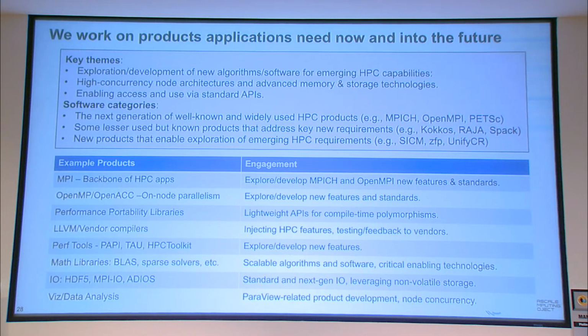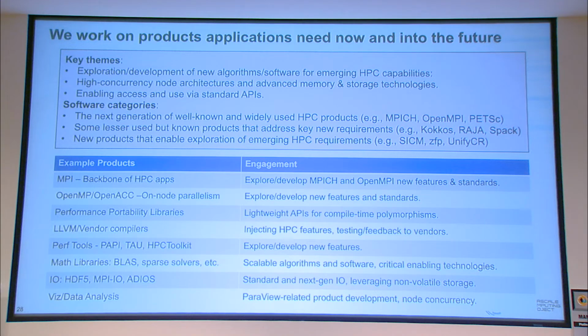Looking at high concurrency node architectures, advanced memory systems, what's needed to support those and support them efficiently and as easily as possible for the application teams. And then trying to make sure that we're sustainable. There are a number of different ways that we're doing that, but one of which is through the use of standard APIs, where we're involved in many different efforts that are trying to advance those in ways that support what we need for exascale computing.